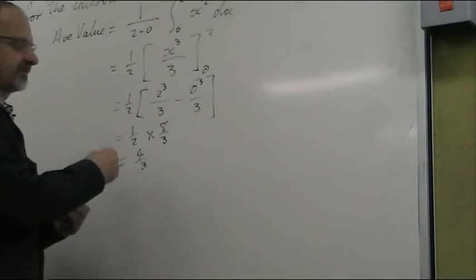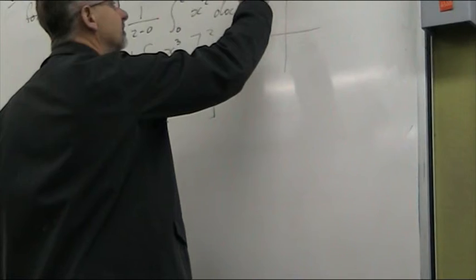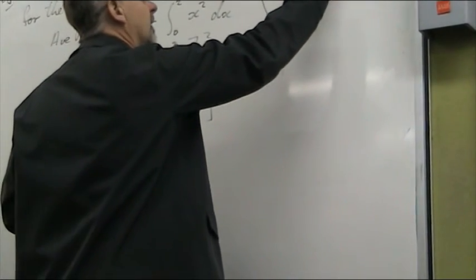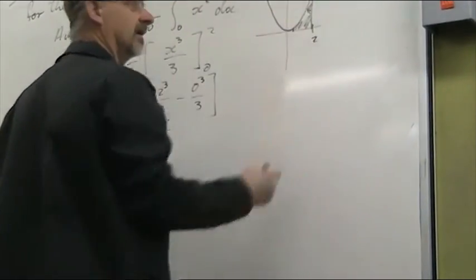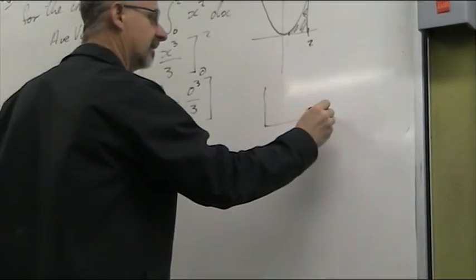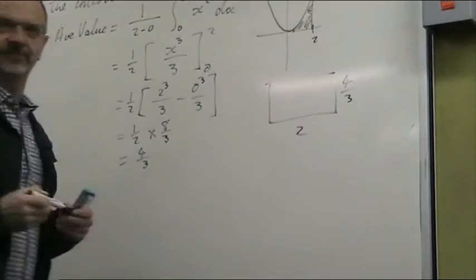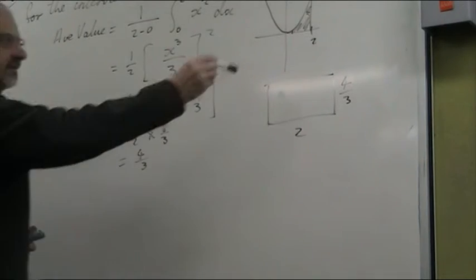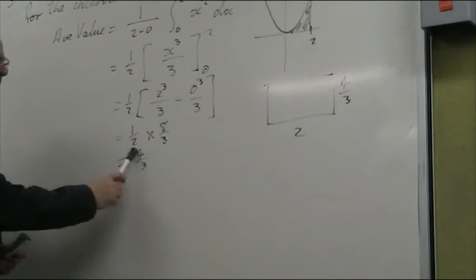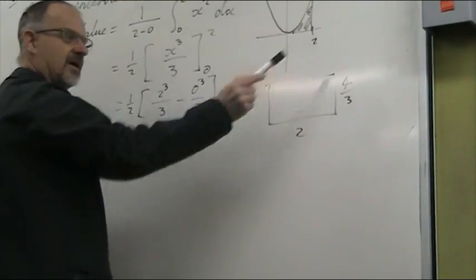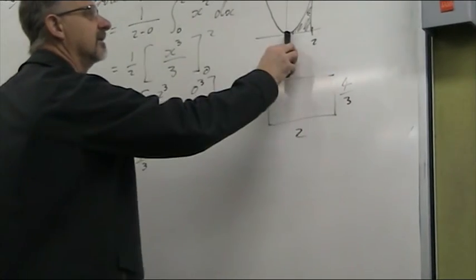What this 4/3 means is if we've got x squared here and 2, this area here would be the same area as a rectangle which is 2 by 4/3. So those areas would be the same. What this here is doing is finding that side there. This 2 here relates to that one.